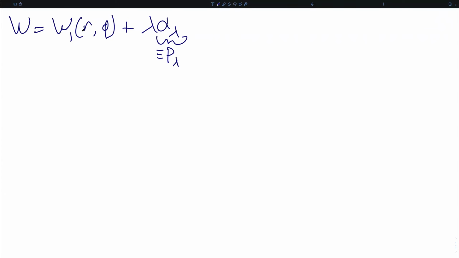And this is a function of r and phi, of the orbital radius magnitude and the zenith angle only. And that means that the original conjugate momenta are partials of only this W1 with respect to their respective generalized coordinates. So let's rewrite our unperturbed Hamiltonian in terms of this new characteristic function.